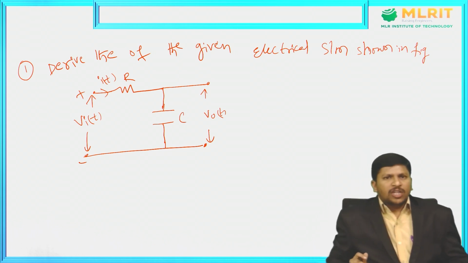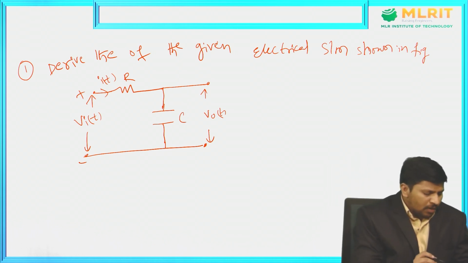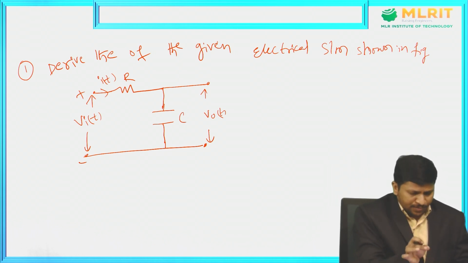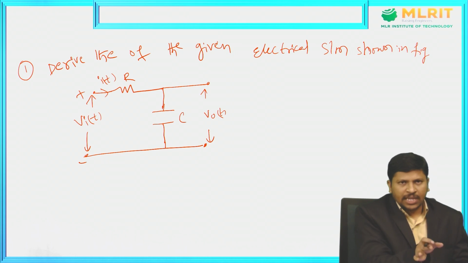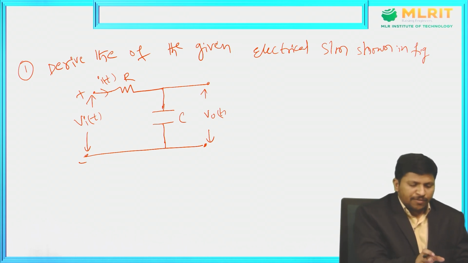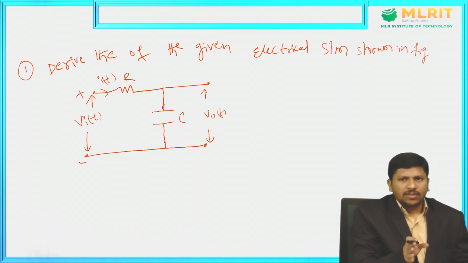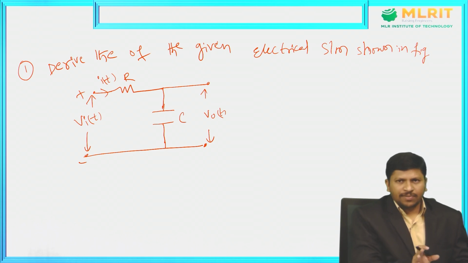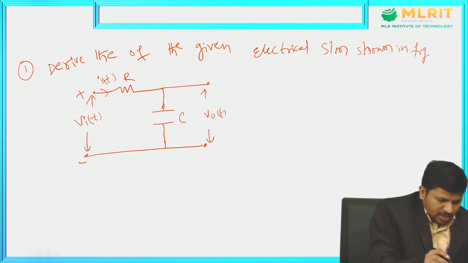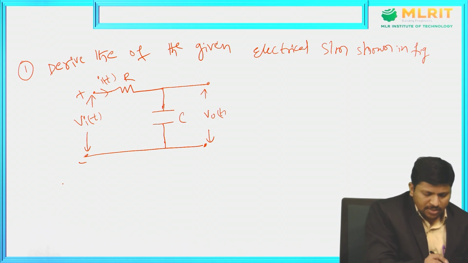Now I am going to apply the Kirchhoff voltage law for the given circuit diagram. From that we are going to draw the differential equations of the electrical system. Here just observe, writing the differential equations.